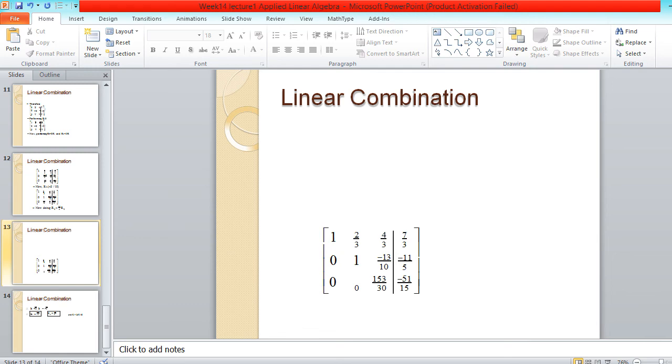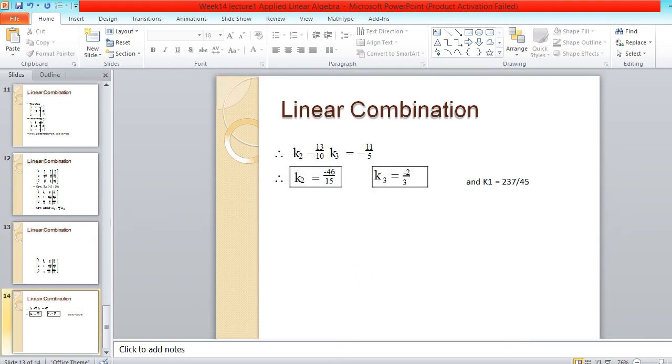From this echelon form, we obtain the value of K3 as minus 2 by 3. Putting the value of K3 in this equation, we obtain the value of K2 as minus 46 divided by 15, and similarly the value of K1 is 273 divided by 45.